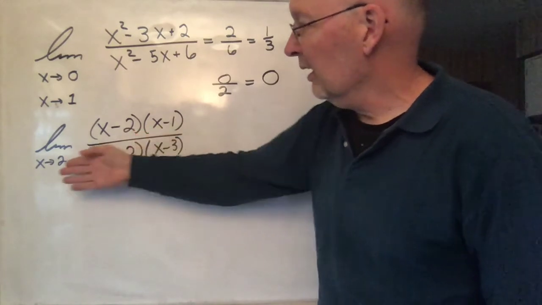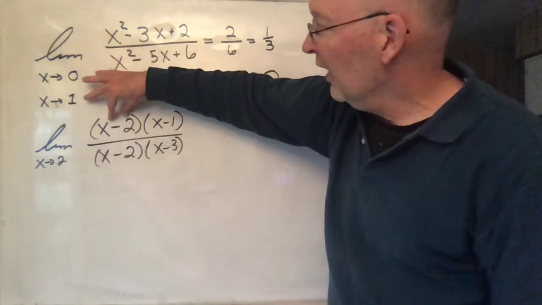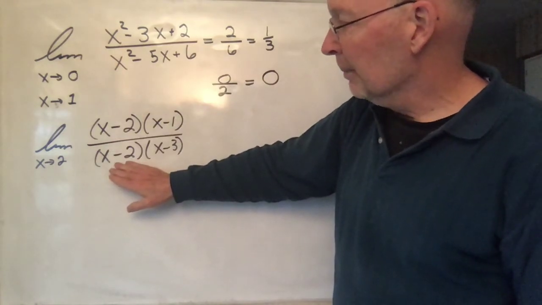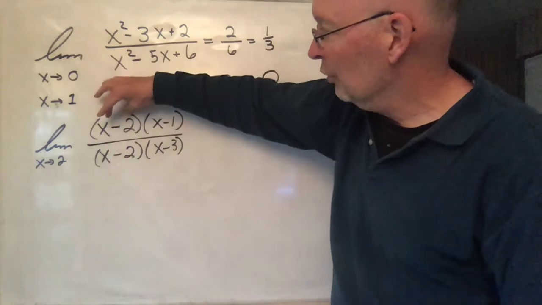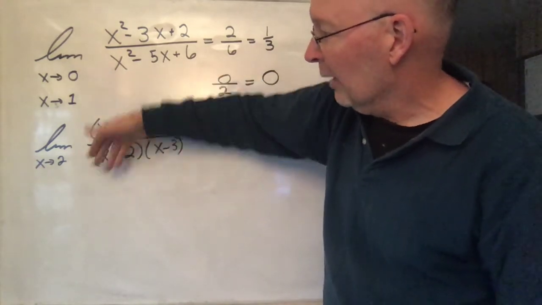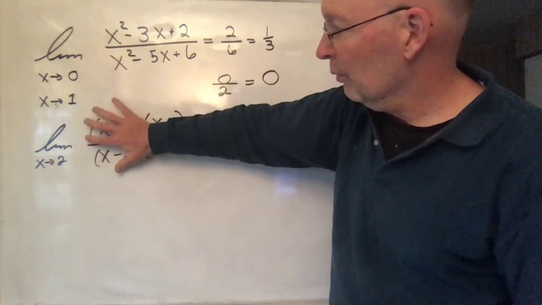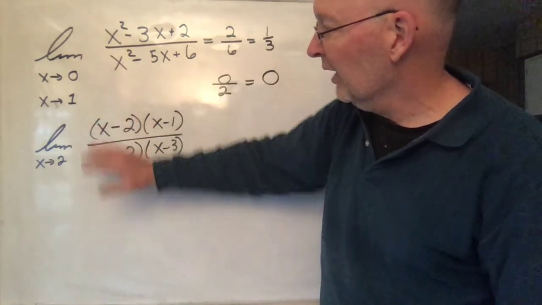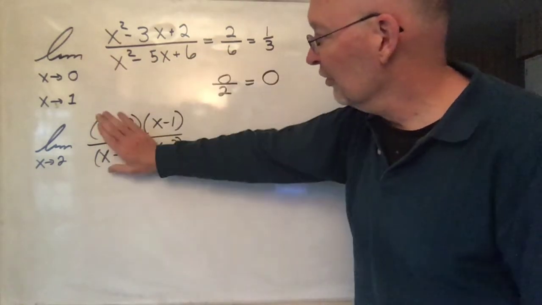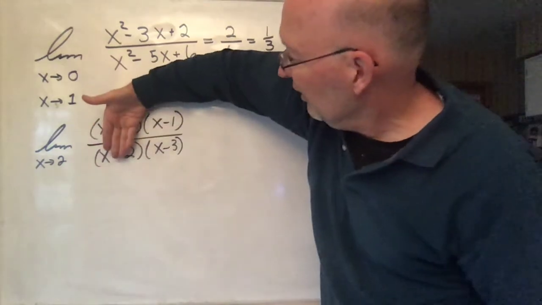As x approaches 2, this value is always going to be exactly the same as this. So for anything other than 2, the ratio is 1, so you can just ignore them. And when x is equal to 2, of course, we've got a hole in the graph. The function isn't defined there. But anything other than at 2, the function is going to look just like this one.